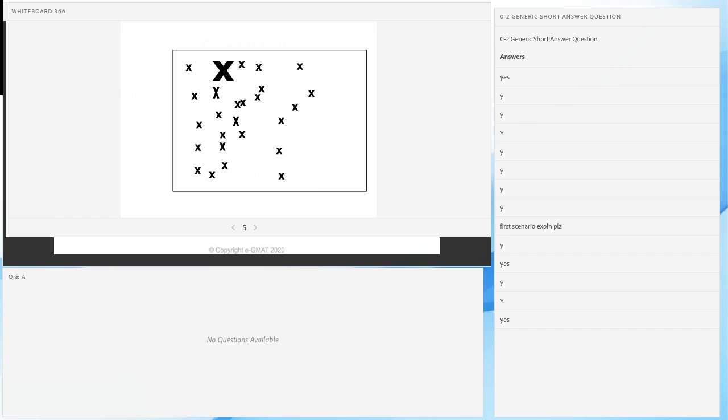Okay. And these are your transmitting towers. Let's make them slightly bigger. These are your transmitting towers.